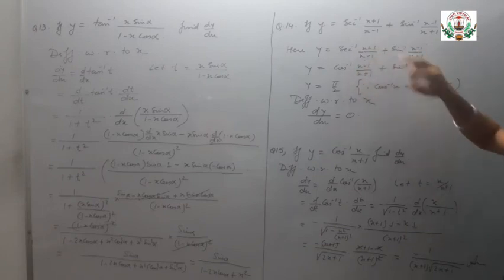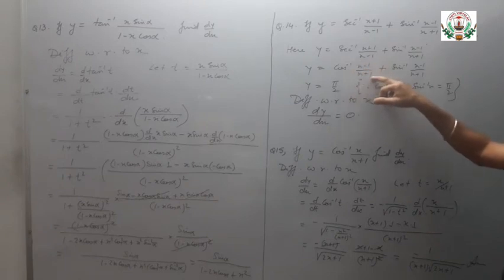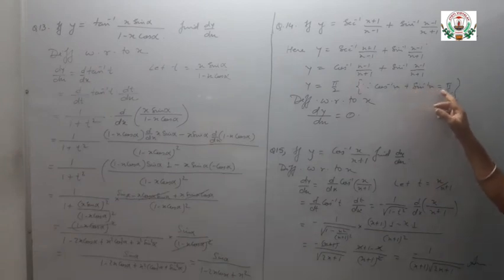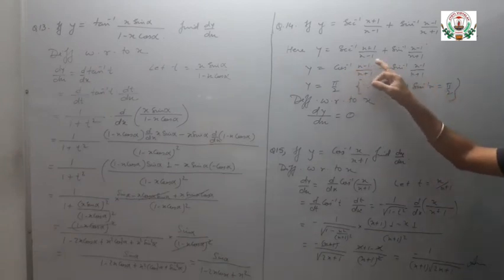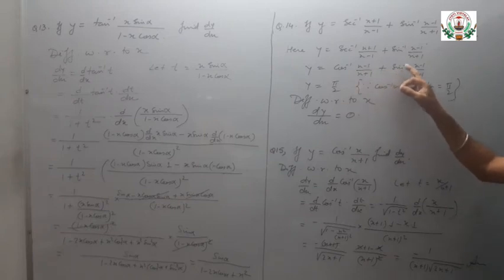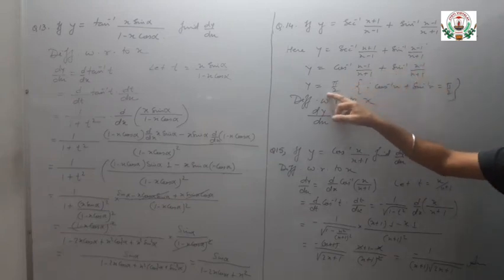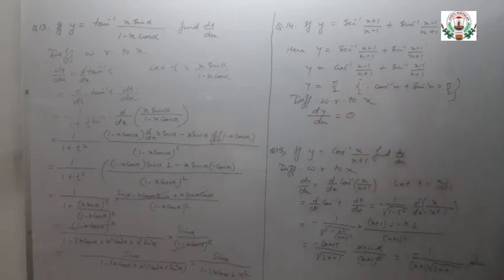This angle will be reversed. So this angle is also same, and as we know that in inverse trigonometric functions cos inverse x plus sin inverse x equals pi by 2. So cos inverse of x minus 1 upon x plus 1 plus sin inverse of x minus 1 upon x plus 1 will become pi by 2, and the differentiation of the constant pi by 2 will be 0.